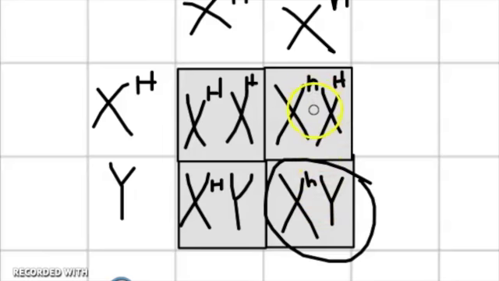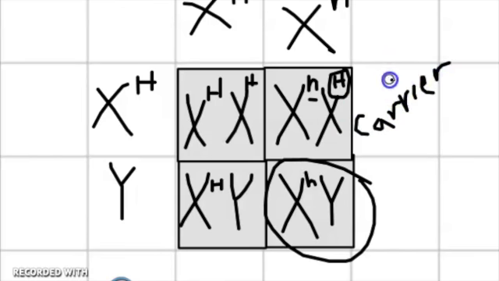Now his sister, potential sister, also got that allele, but she has a dominant allele acting as a safeguard. She's just a carrier. Okay, so sister is a carrier, but the son, or brother, has hemophilia.